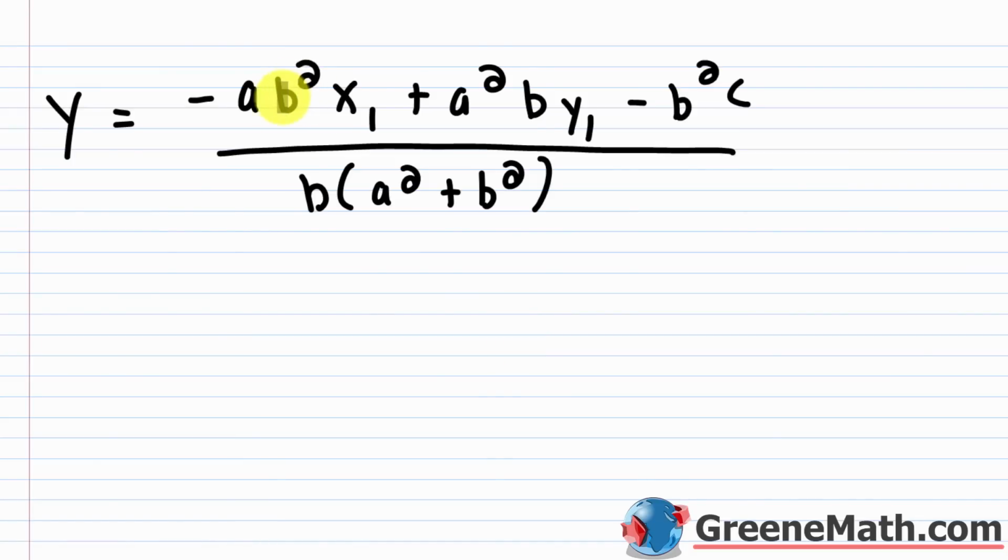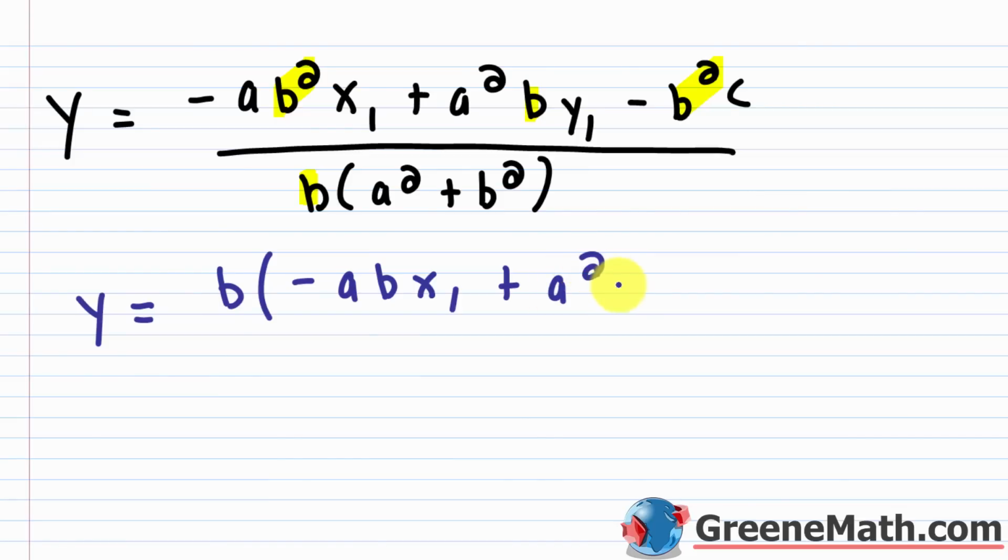So notice here you have b squared, and you have b and then b squared here, and you have a b down here. So we'll have y is equal to, I'll put my b out in front of some parentheses, you'll have negative a b x sub 1, and then plus you're going to have a squared y sub 1, and then minus you're going to have b c.